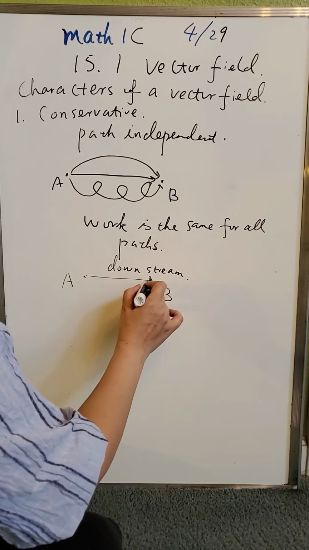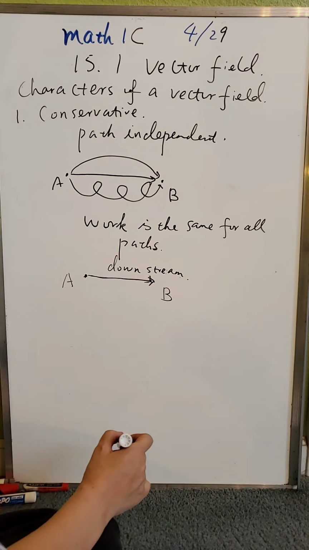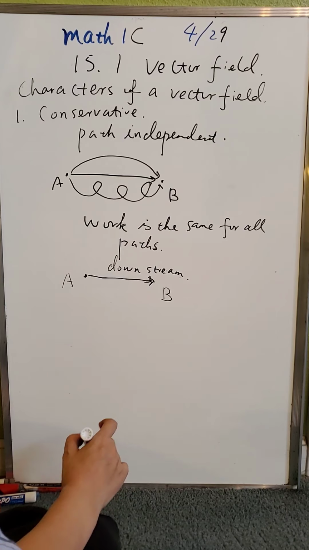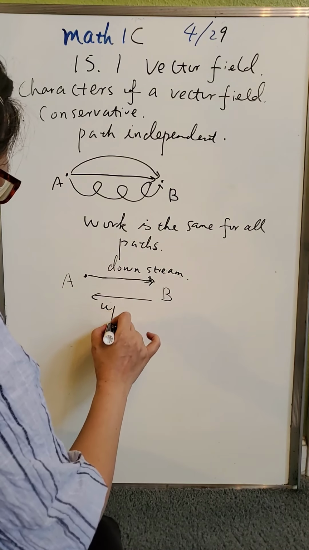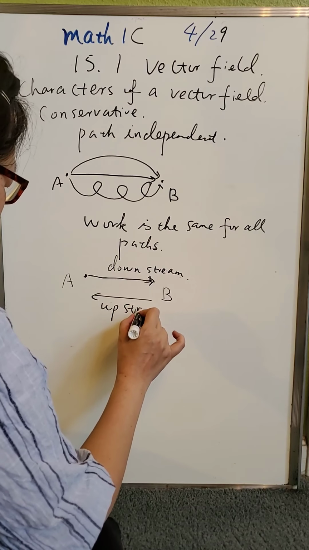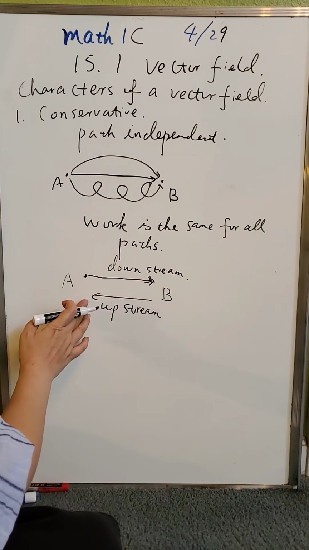You say, well, I don't have to paddle when I go down because the water pushes me down there. If that's the case, then when you come back, you're going to go upstream, and you're going to expect a difficult work.